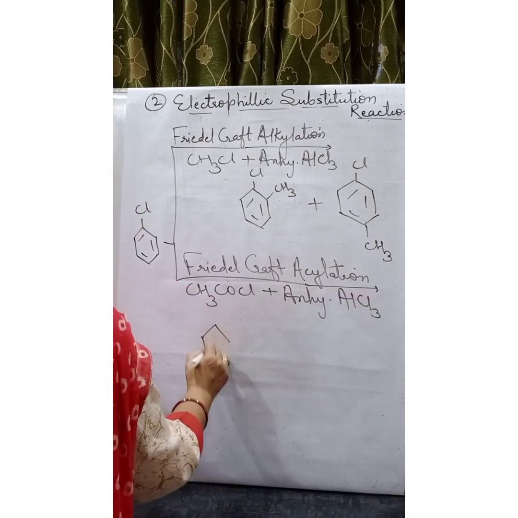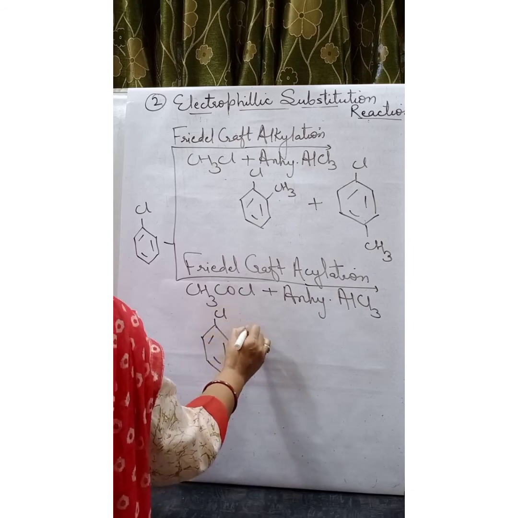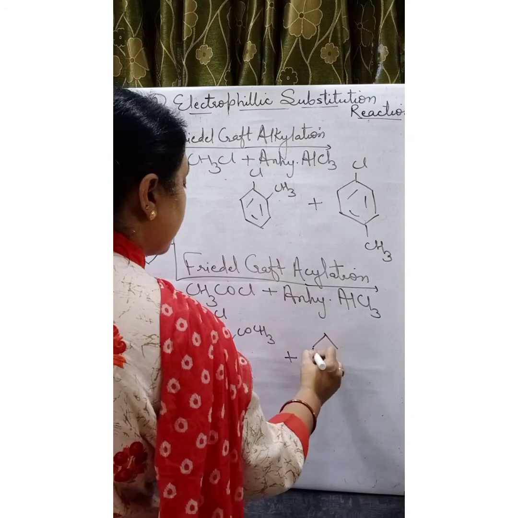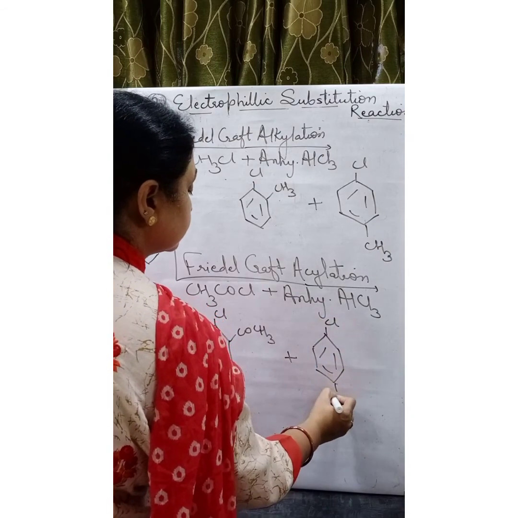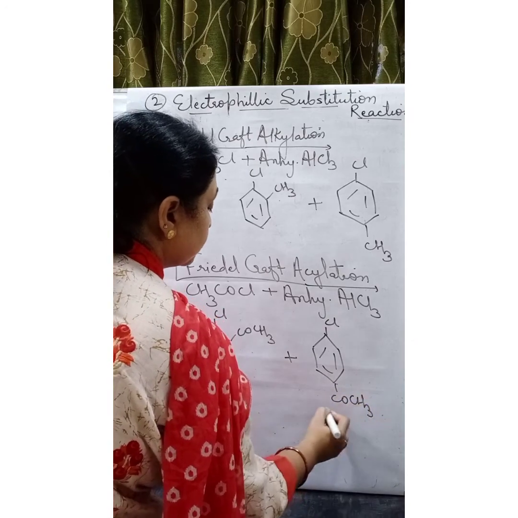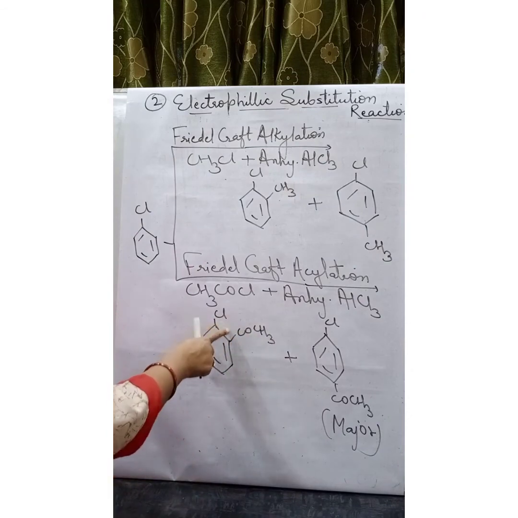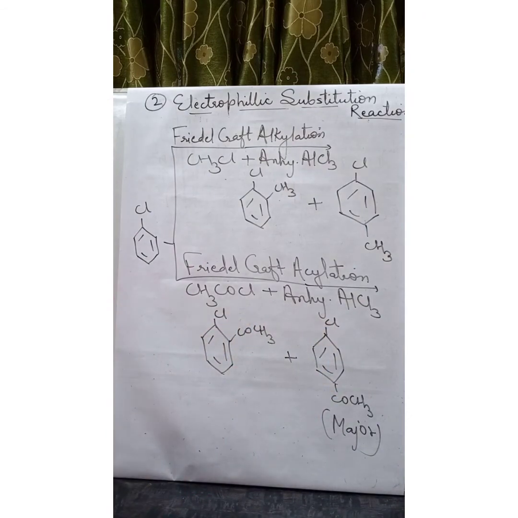So this acetyl group gets introduced in the benzene ring at ortho position and at the para position. So this para product is the major product. So this is 2-chloroacetophenone and 4-chloroacetophenone.